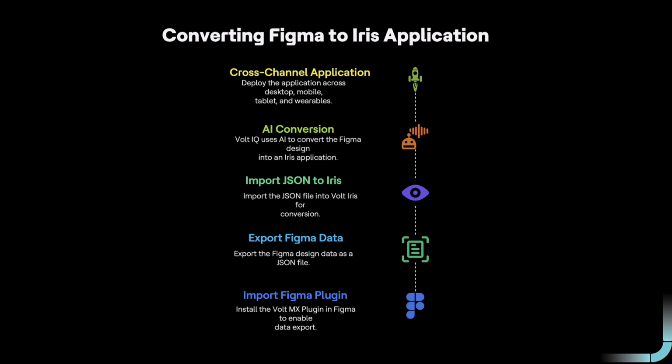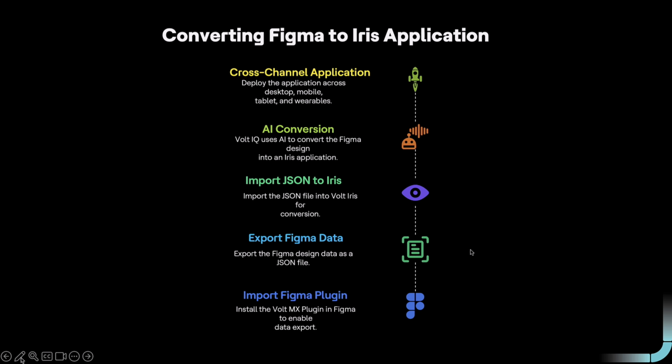And then you can go ahead and start working on other pieces and updating it to deploy it across different platforms and channels. So effectively, you can bring your ideas from design to an app in a matter of minutes.